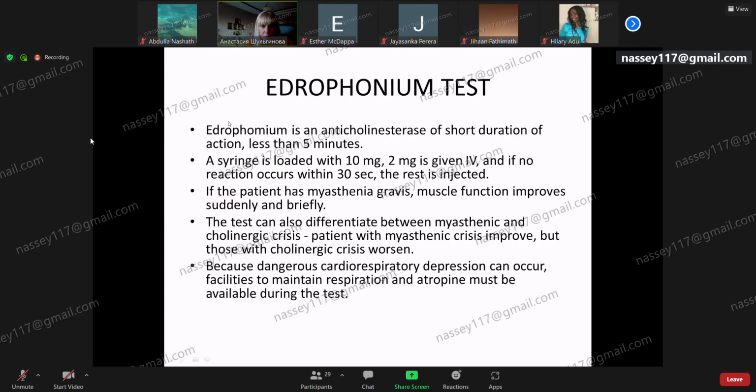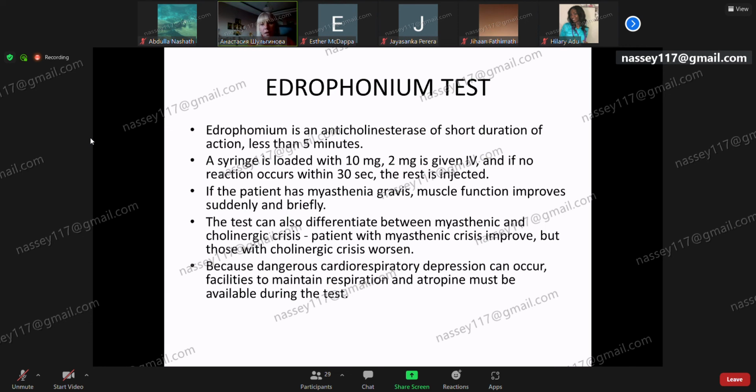Edrophonium test. We said edrophonium is an anticholinesterase drug of short duration of action, less than 5 minutes. So, if the patient has myasthenia gravis, muscular function improves suddenly and briefly after the injection of edrophonium. This test can also differentiate between myasthenic crisis and cholinergic crisis.